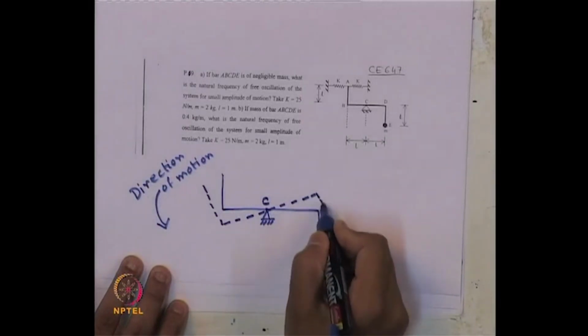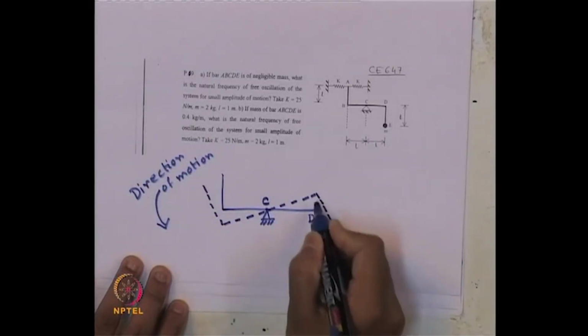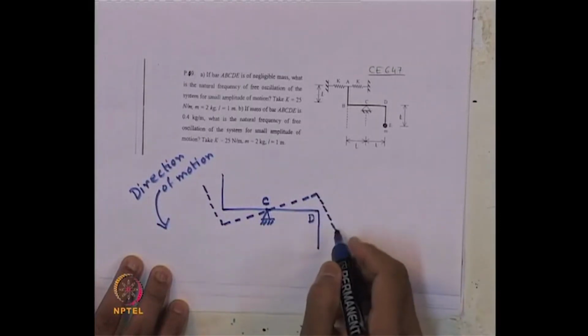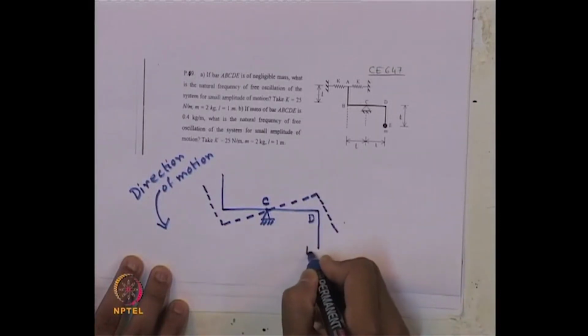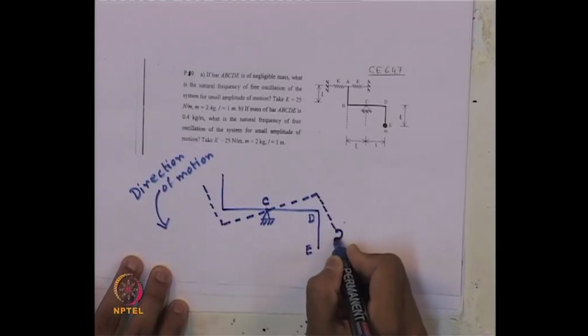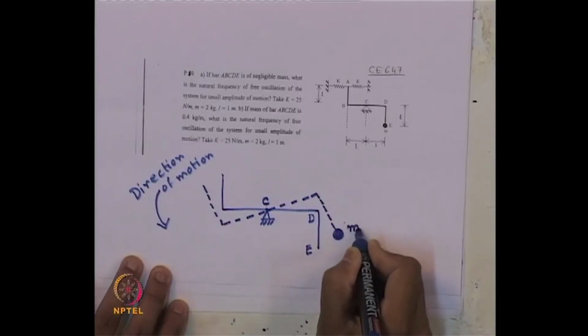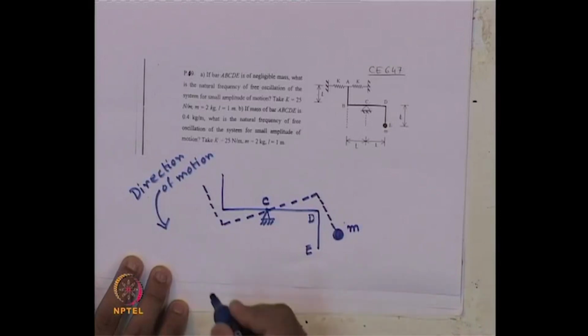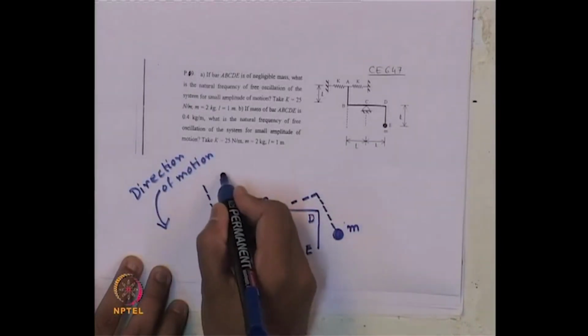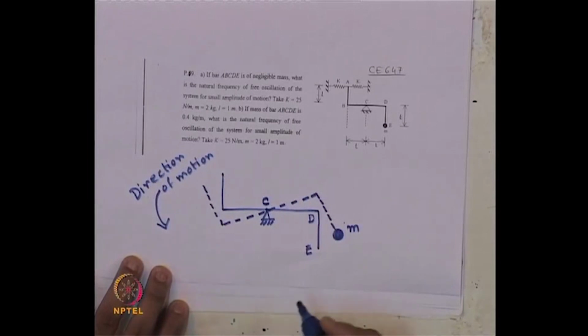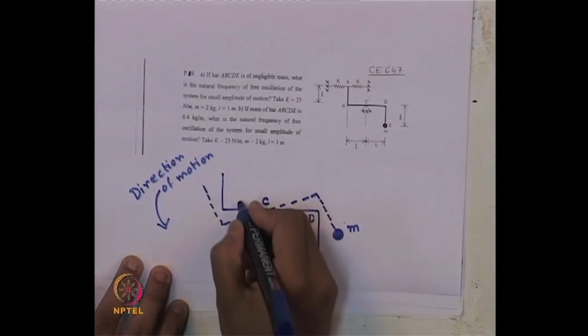This point D has moved up to this place, point E has moved to this place where that point mass M was attached, and there was a spring connected to it. So, what are the forces acting?